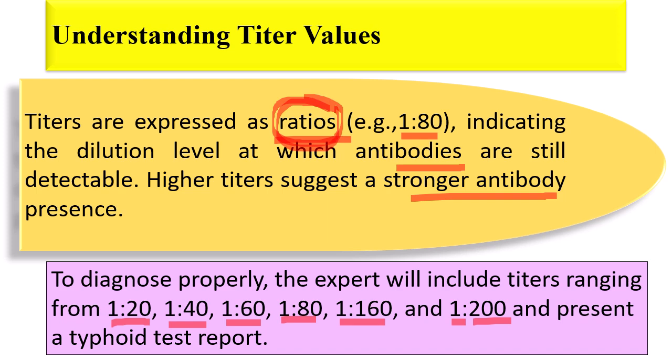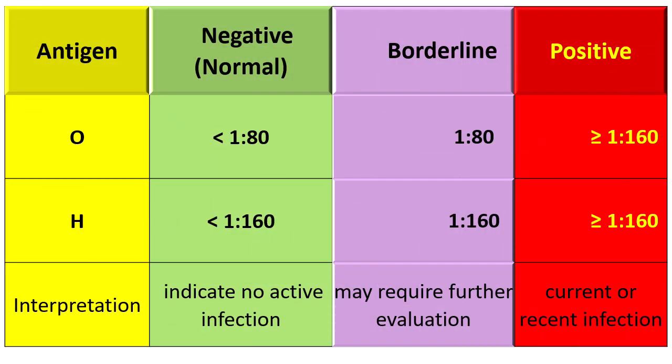Clear? This is a very important part of this video. Please concentrate your mind on this point. I will try to explain it briefly so that you can understand the Widal test report easily.